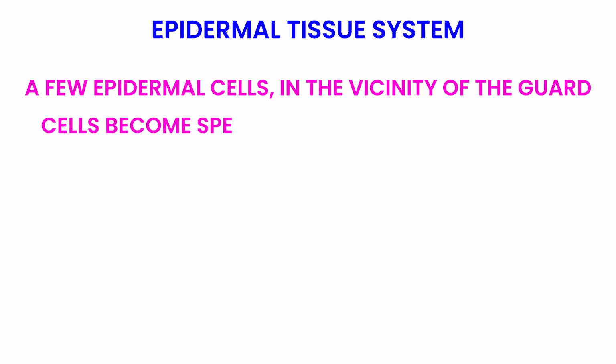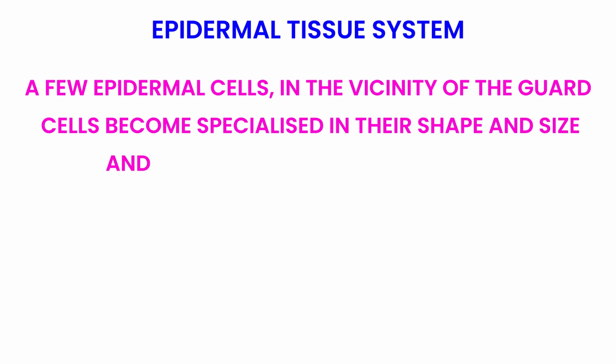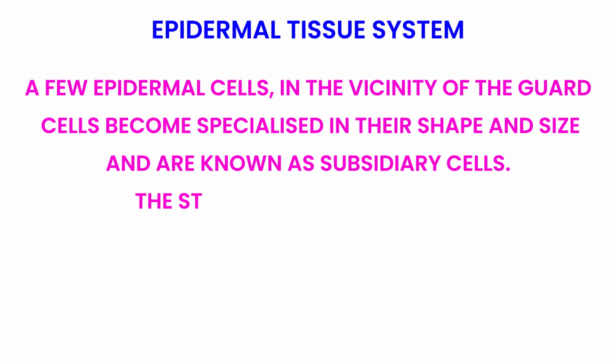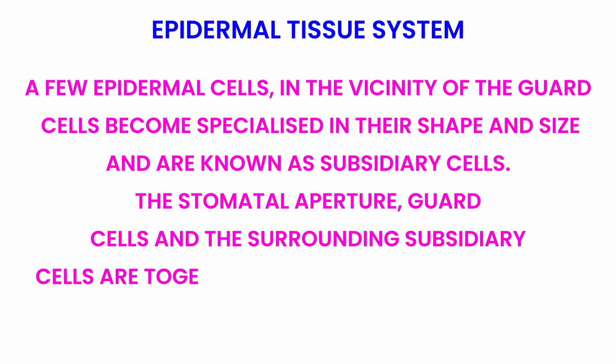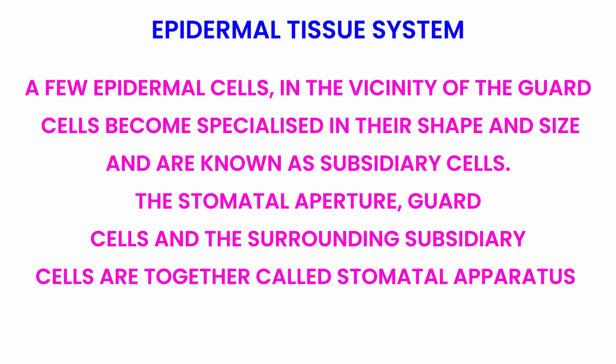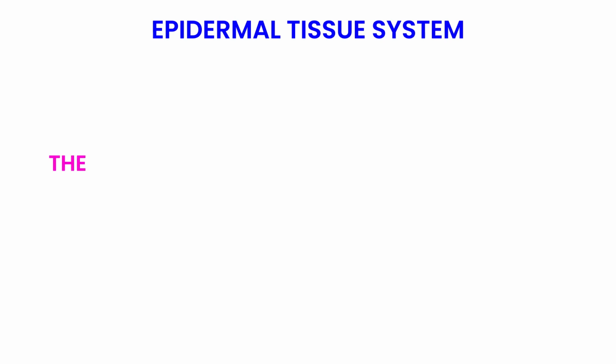So subsidiary cells are the cells near the guard cells, remember. So basically the stomatal apparatus is formed: stomatal aperture, guard cells and the subsidiary cells. All three form the stomatal apparatus.